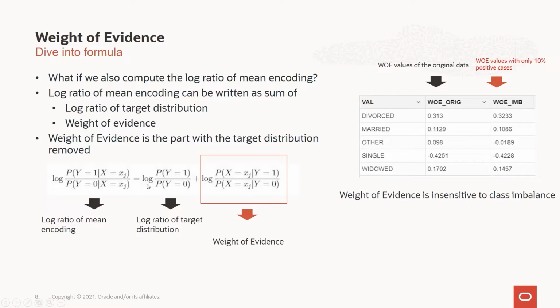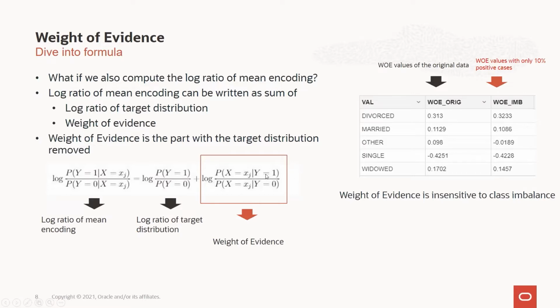And this part is not that useful to us because what we want to focus on is the contrast, right? The contrast of whether to be positive or negative. So weight of evidence is actually throwing away this part. We only focus on the part with information about the feature level.